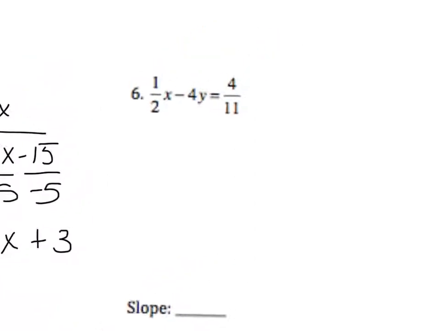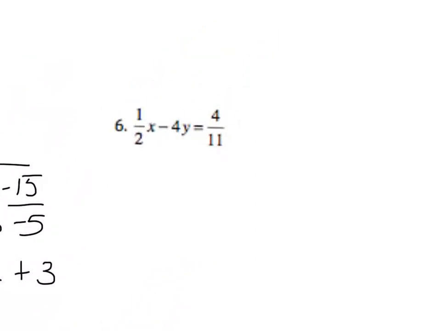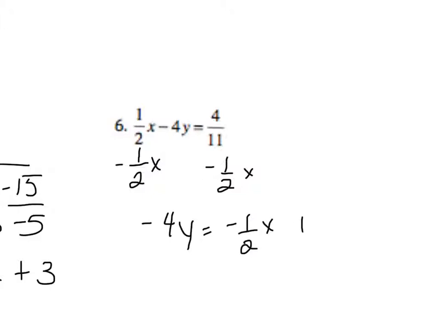And last but not least, we have fractions, but not to worry, it's not so bad. I'm going to subtract the 1/2 x over. So I have negative 4y equals negative 1/2 x plus 4 over 11. And now I'm going to divide everything by negative 4.